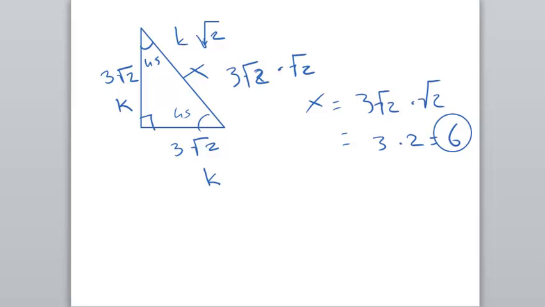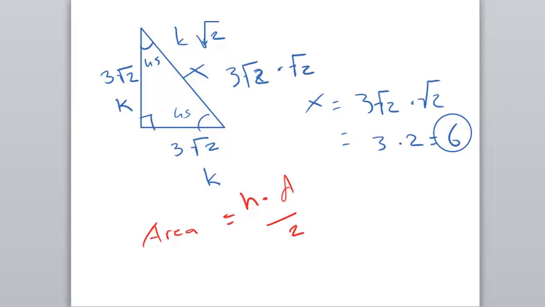Also, guys, we must know the area. If it asks for the area, the area will be equal to height times base over 2.